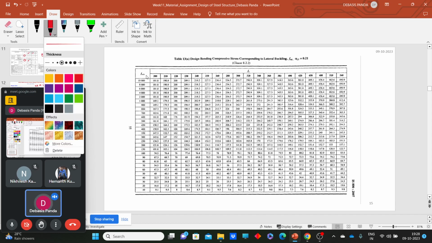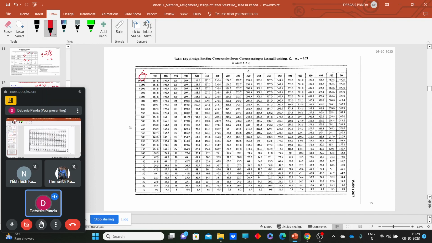Like FCRB value is given here on the left side column, and corresponding to Fy. So our Fy was 250, and so we need to consider this column of 250, and our value of FCRB was like 155.